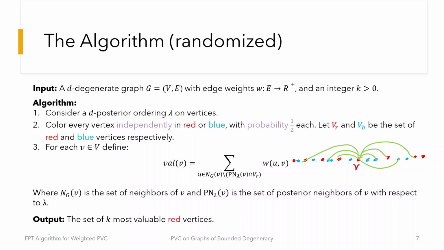As we can see, the summation is over neighbors of v except someone which is red, so V_R is the set of red vertices, and also it's a posterior neighbor of v. So we don't consider this edge and this edge in the summation because they are going to a posterior red neighbor. Okay, so this is what the value means.